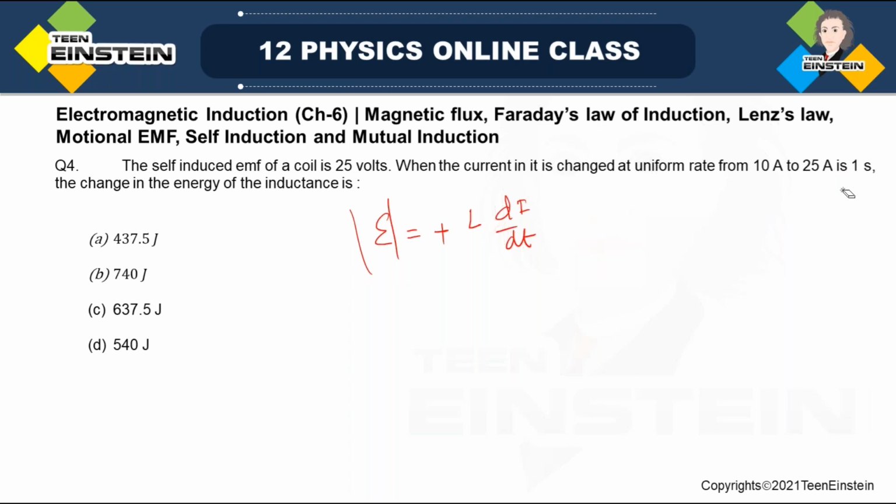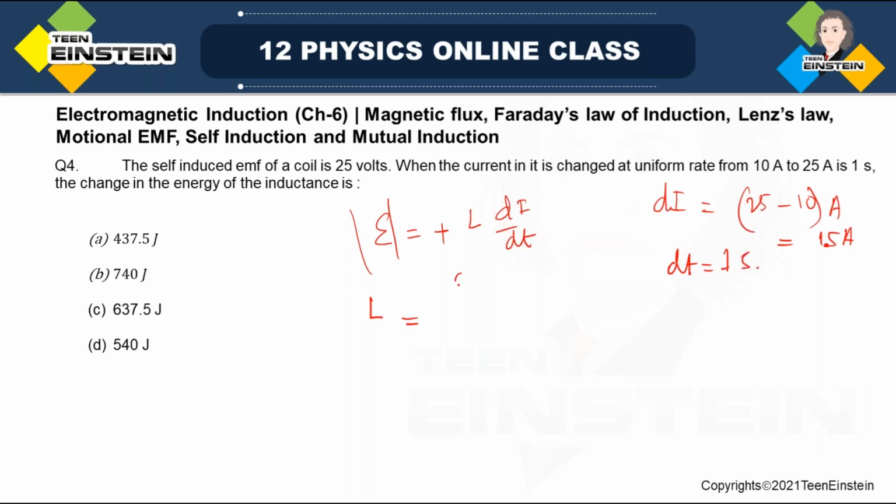Let us see from here that L di/dt is equal to this. So here di, the change in the current, will be 25 minus 10. So this is 15 ampere change in the current. And what is this dt? Dt is actually given as 1 second.